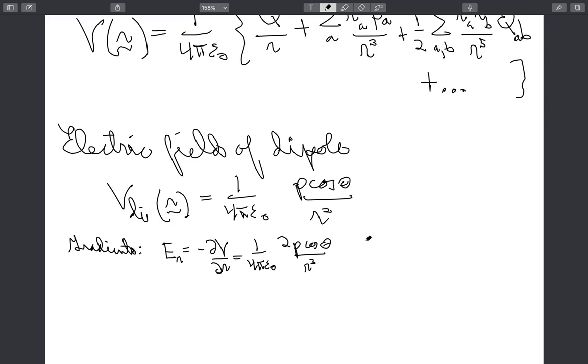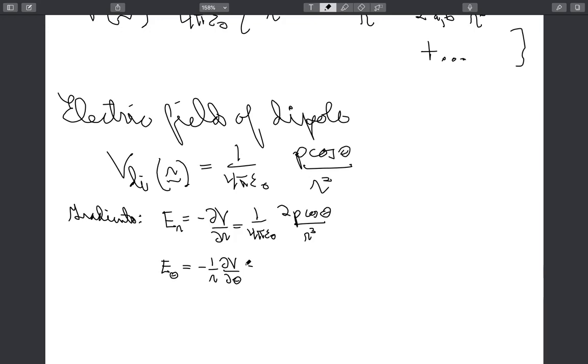If we have the E theta, it is minus 1 over r dV d theta. I'm using the notations for the gradient in spherical coordinates. 1 over 4 pi epsilon 0 p sine theta over r cubed, and the E phi, which is minus 1 over r sine theta dV d phi. This is just 0.